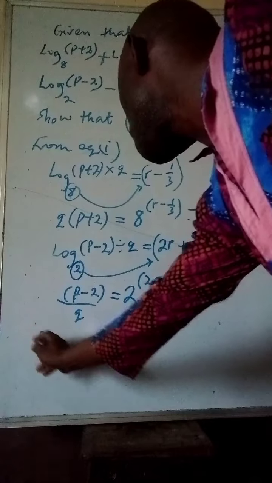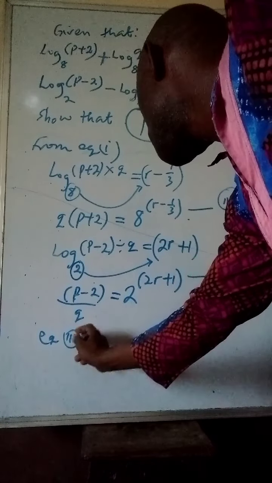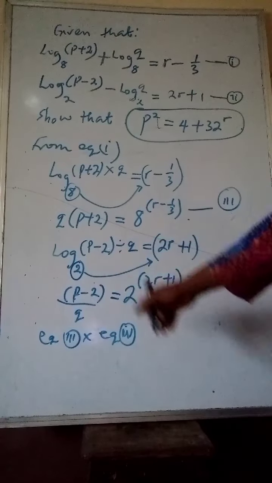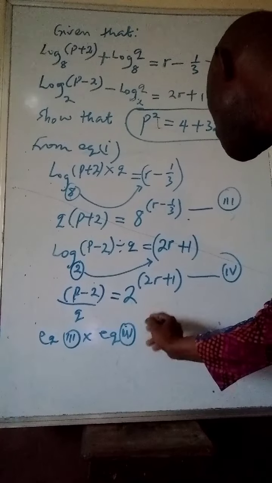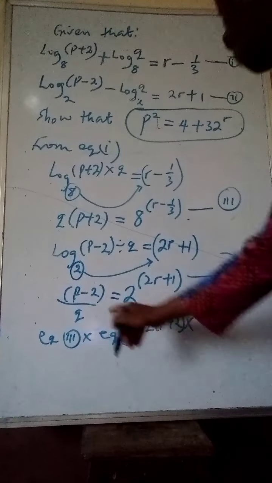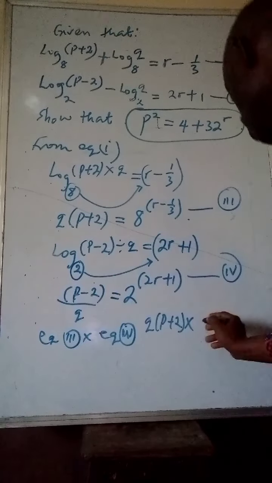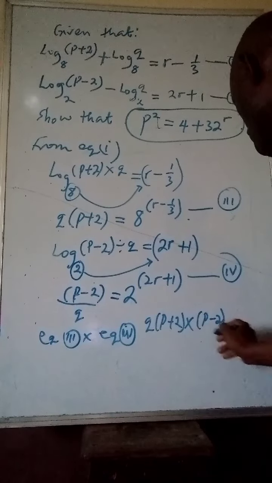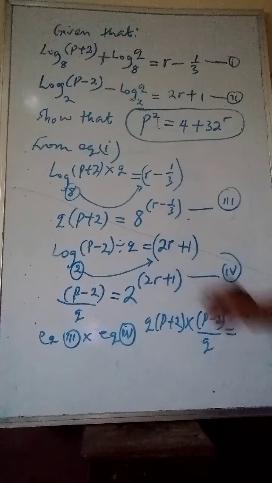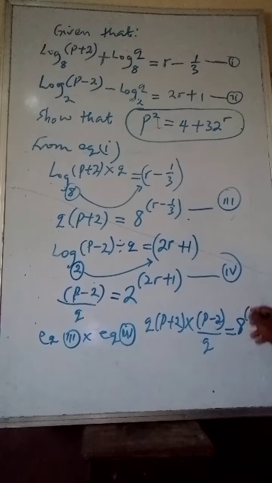Equation 3 times equation 4, that will be q(p + 2) multiplied by (p minus 2) over q equals 8 raised to power (r minus 1 over 3) times 2 raised to power 2r plus 1.